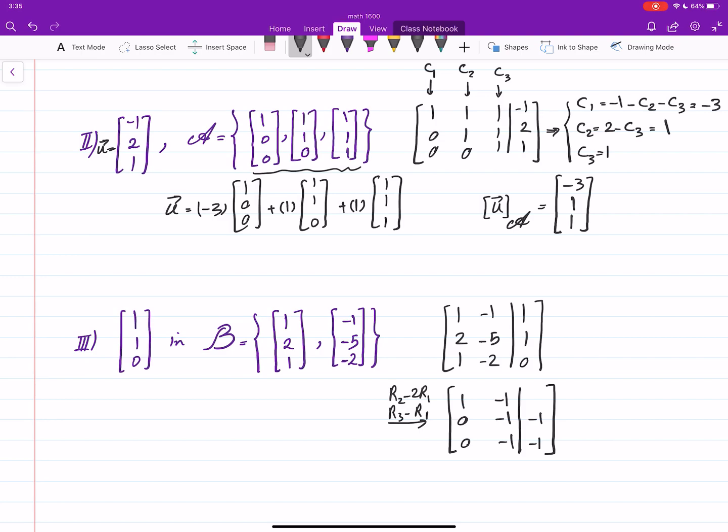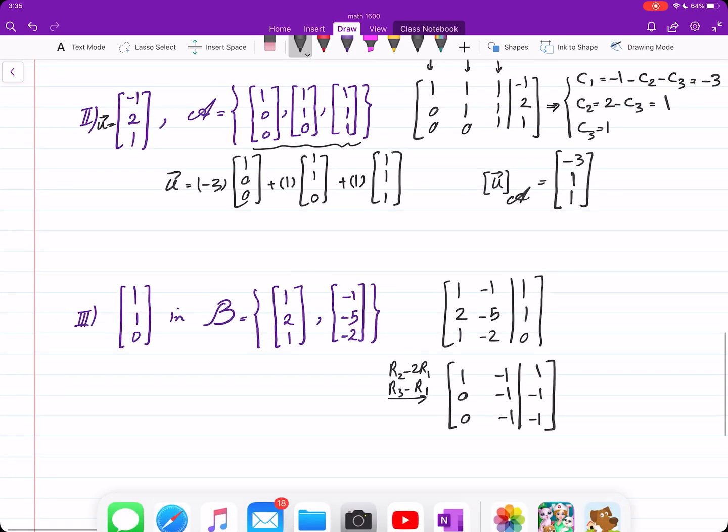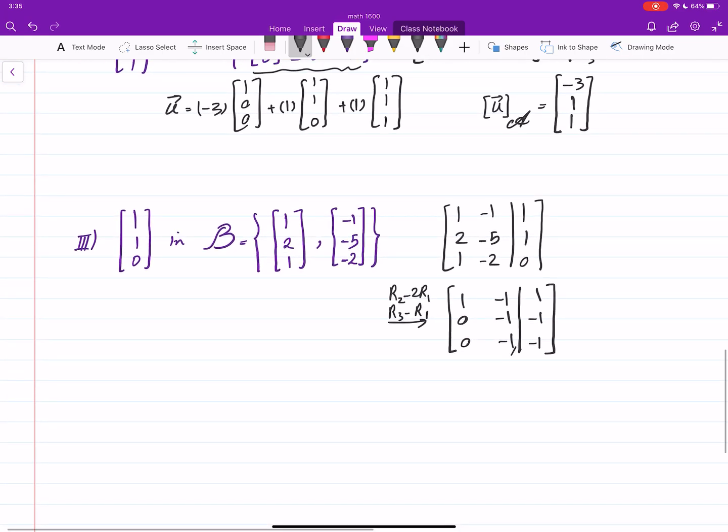The first row stays the same, and then we can get rid of these two entries with R1 plus R2 and R3, so maybe both of them minus R2. In this case this will stay the same. Subtract those, this will be 0, this will be 0, but this will be 2.